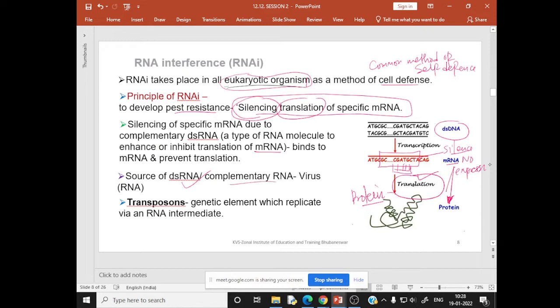It will be a complementary RNA, a viral RNA. For the part we want to silence, we have to use a complementary RNA from viruses or from transposons. What are transposons? Genetic elements which replicate via an RNA intermediate.